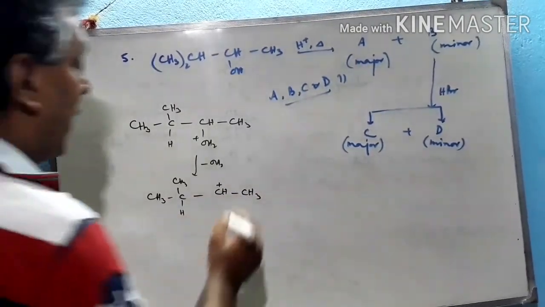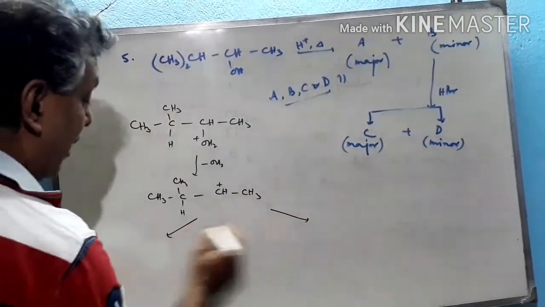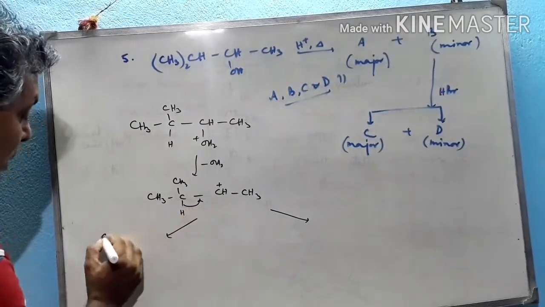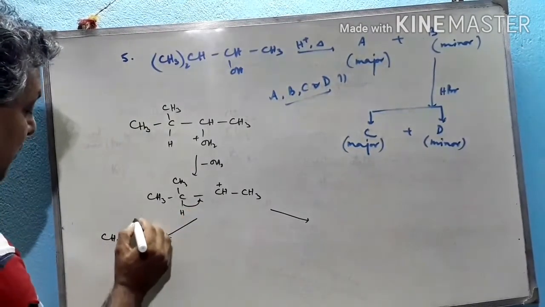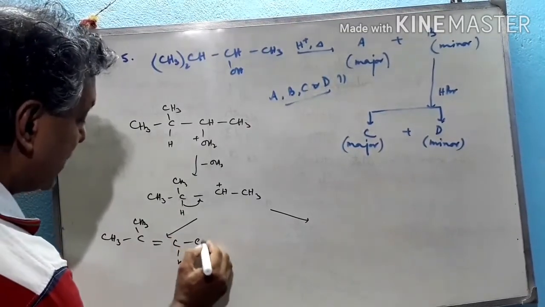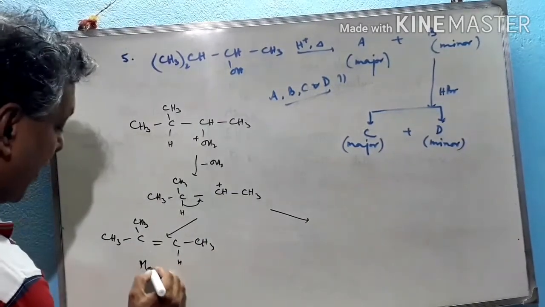This is the intermediate. And if it forms major and minor products, the major product will be the alkene (CH3)2C=CH-CH3. That means 2-methyl-2-butene. This is the major product.